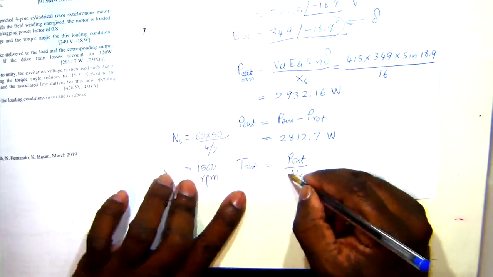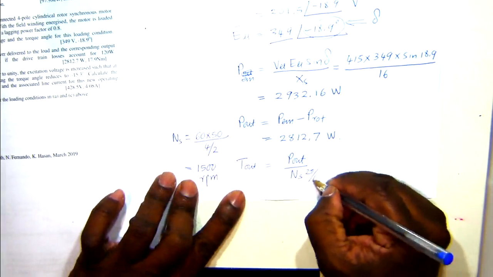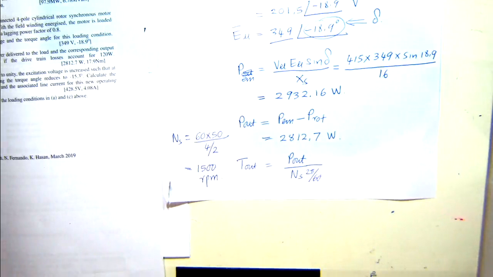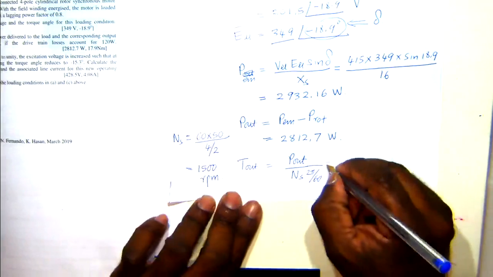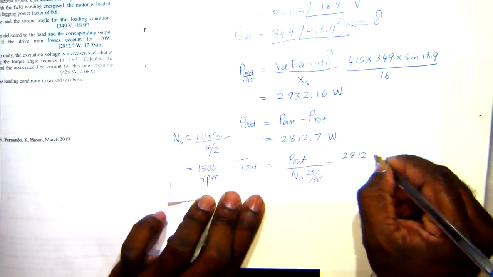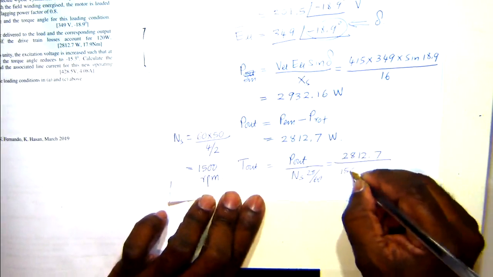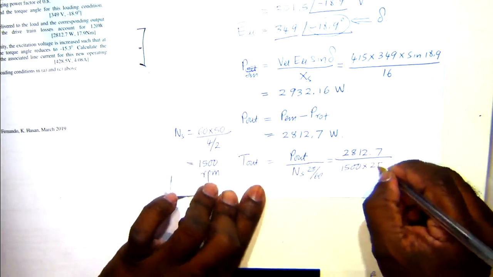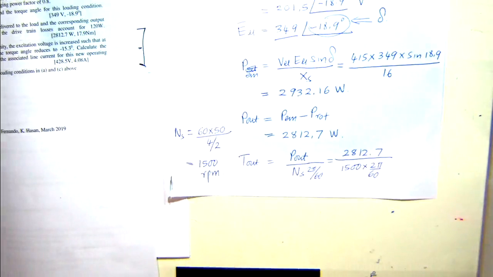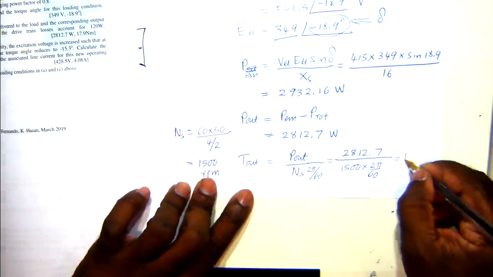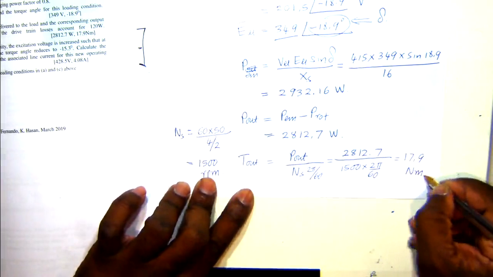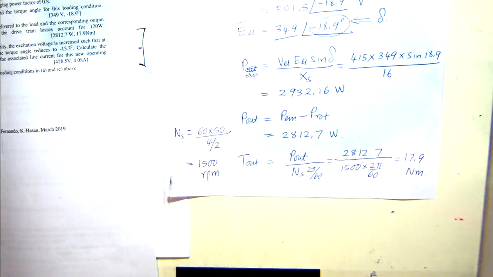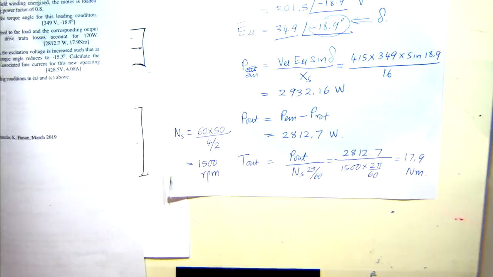So this is ns times 2 pi over 60 to convert it to radians per second. Here, this is the output power divided by speed. That's 1500 RPM, and you need to convert it to radians per second, so that's 2 pi divided by 60 here. So that's the torque. That's the mechanical torque on the shaft.